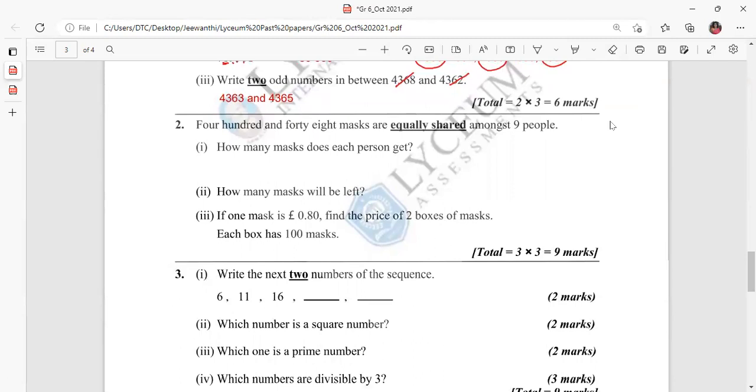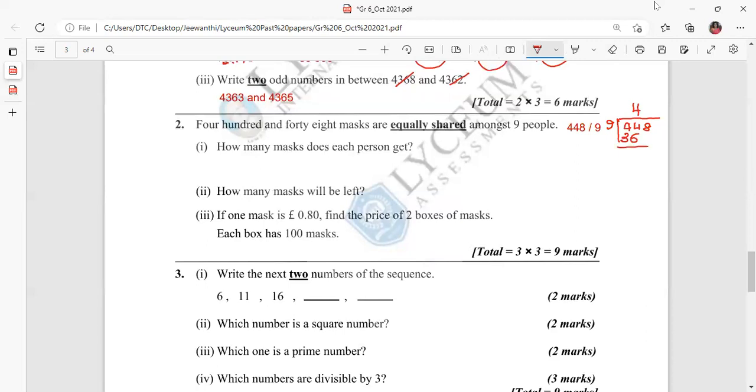448 masks are equally shared. First of all, you want to write the number they are talking about, right? 448 masks equally you are going to divide by 9 people. So what you should do, children, is go to your working column. 448 masks, you are going to divide this by 9. 9 times 4, 36.